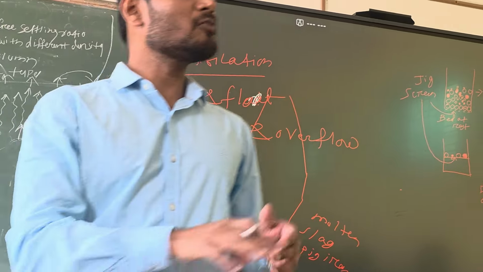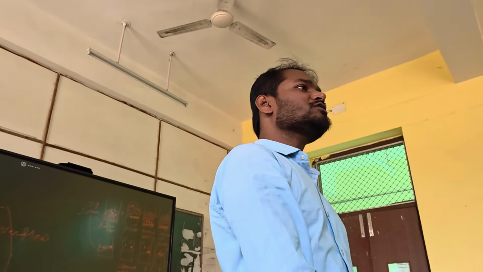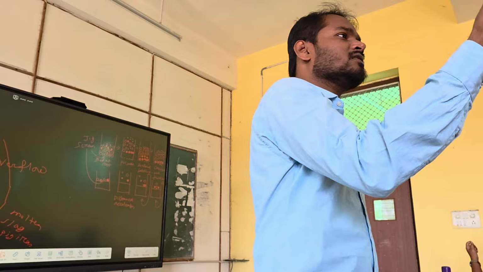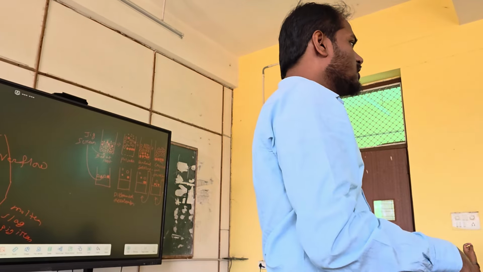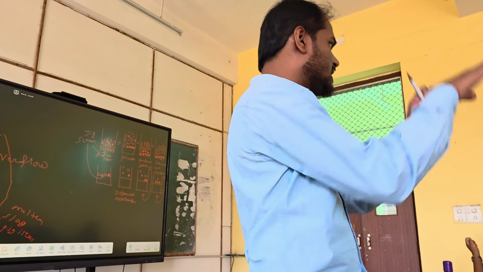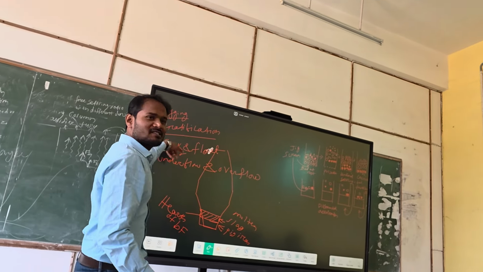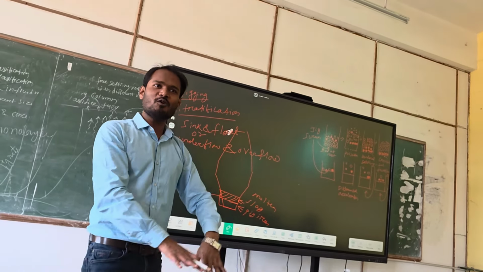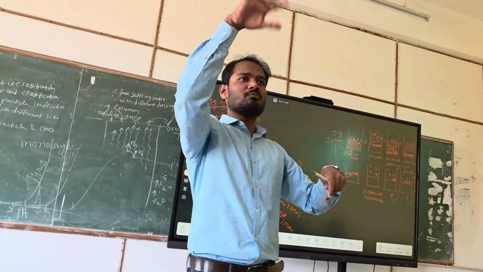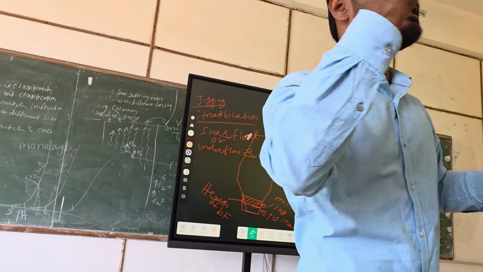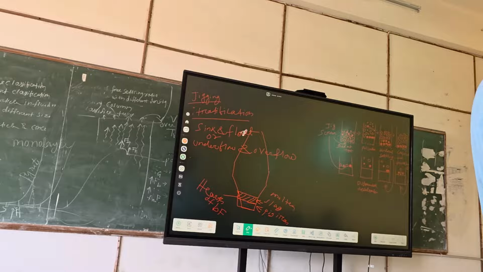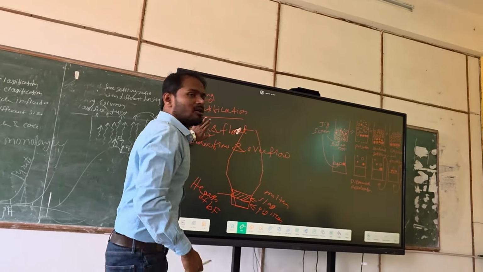Underflow means the particles which pass away and go towards the bottom. Why are they going towards the bottom? Because they are denser, so the settling velocity or terminal velocity is more, and they settle at faster rates. Same thing, sink and float. Sink means they will go down. Float means they will float on the top because they are lighter, not heavier. So this is one of the things.